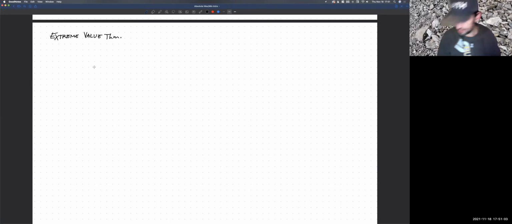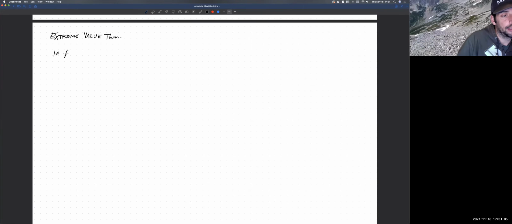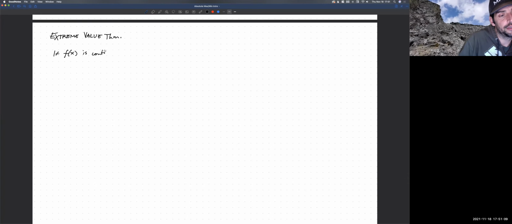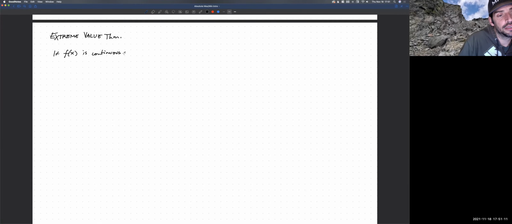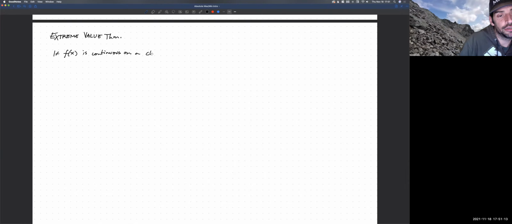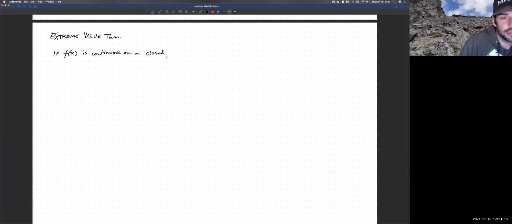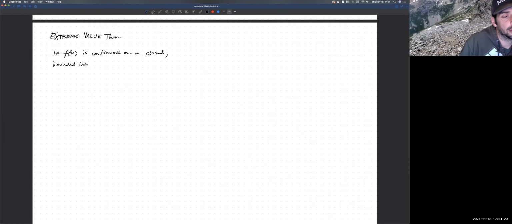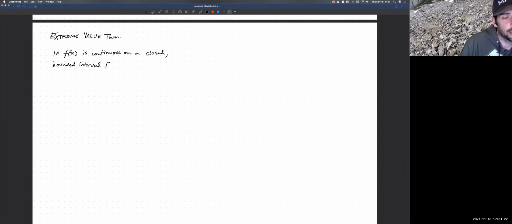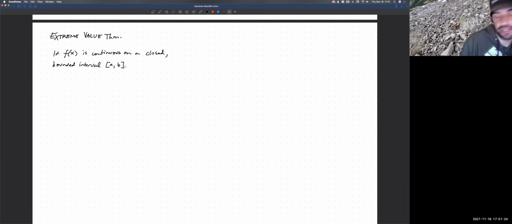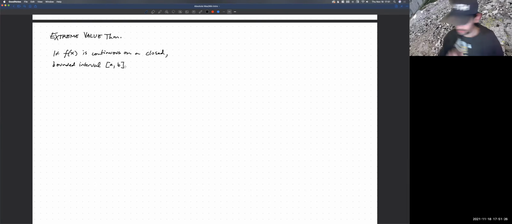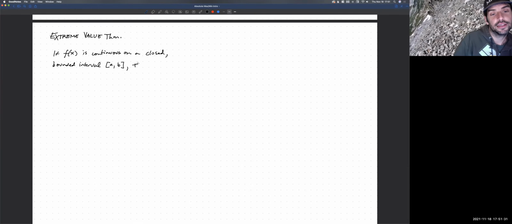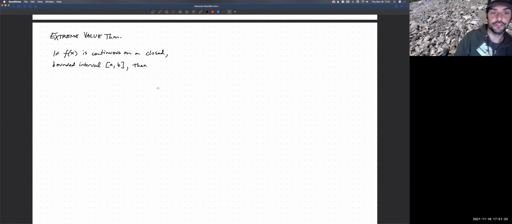Okay, so we say that if f is continuous on a closed and bounded interval that I'll call AB, then, here, let's use a fun symbol.